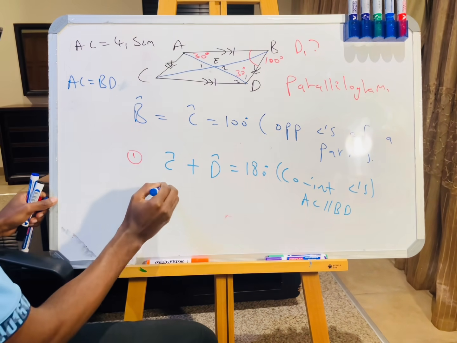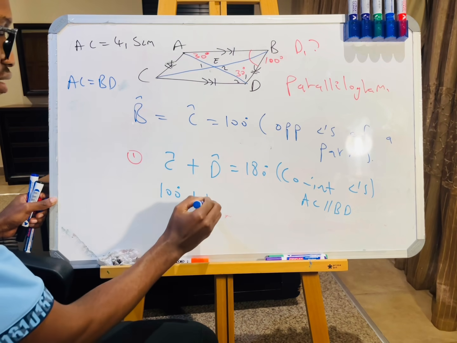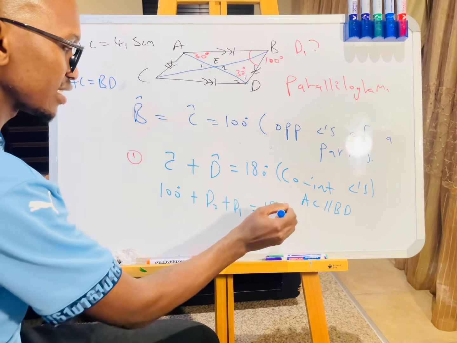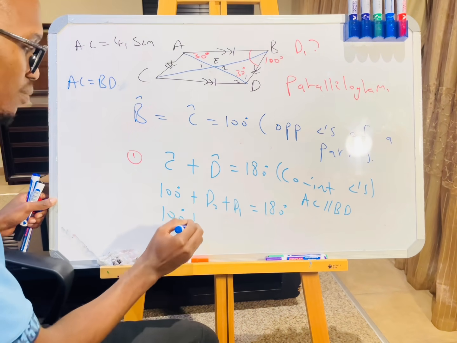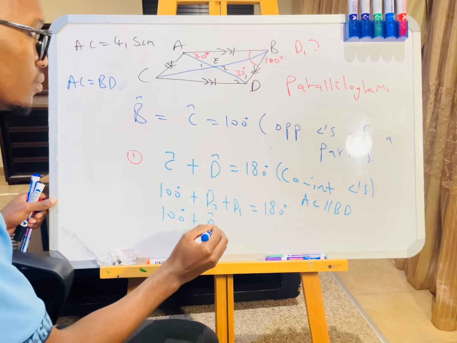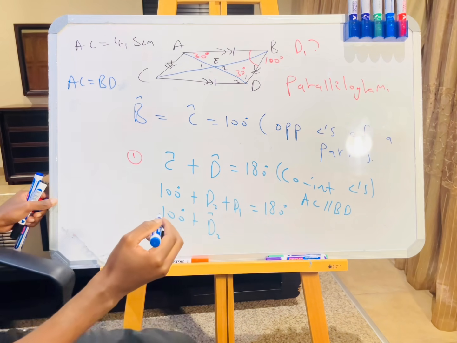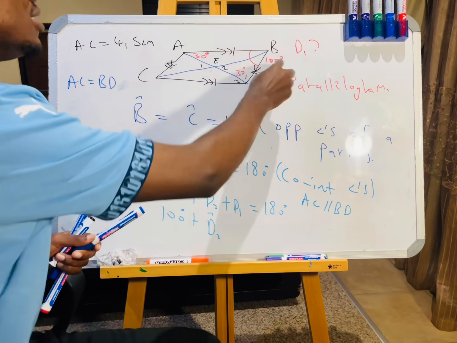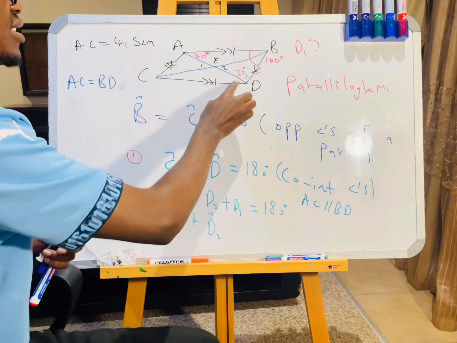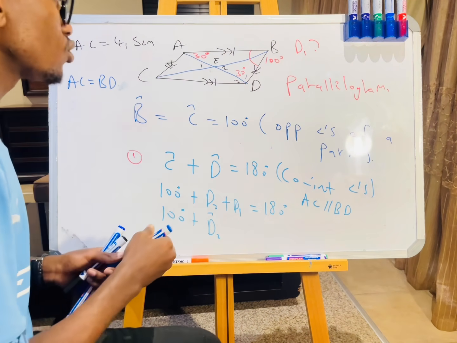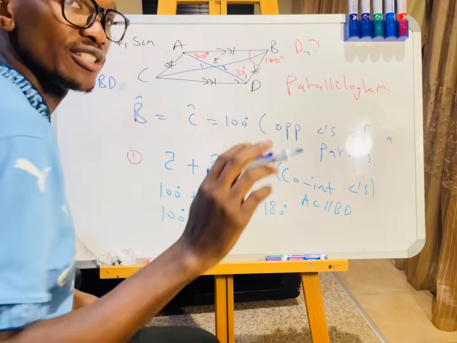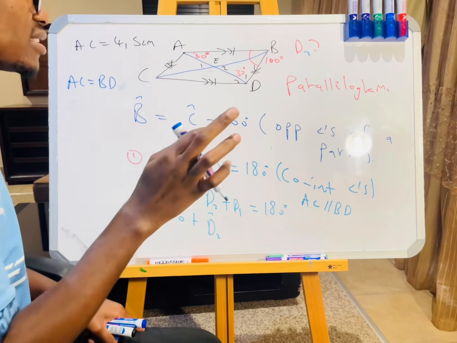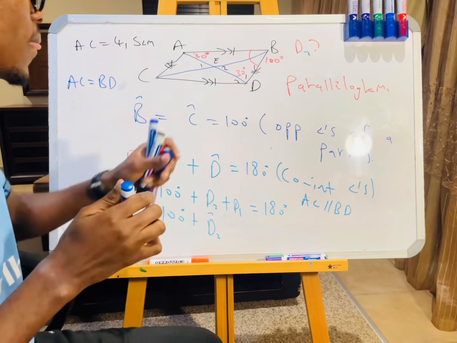So C is 100 degrees, and angle D is angle D2 plus angle D1, which equals 180 degrees. Wait, guys, what happened? Oh, we need D1, right? No, we need D2. My apologies. This is the guy we are looking for. I made a mistake when I said D1. We're looking for D2.